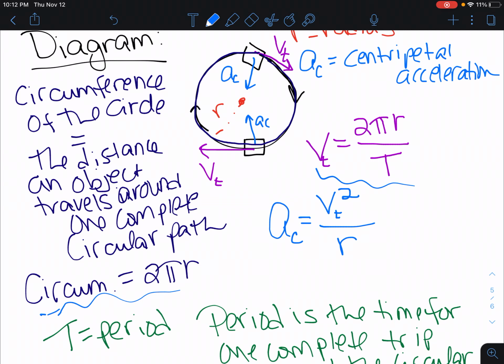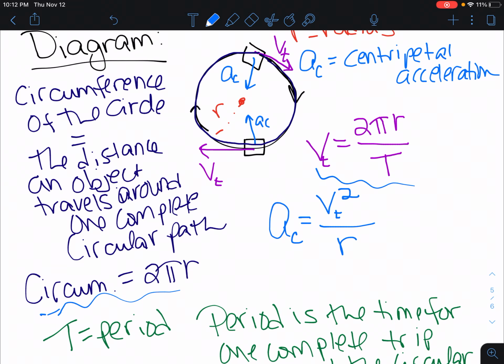Okay, so I feel like we threw a lot at you here. For your practice problems today, we're just going to do some review on tangential velocity and centripetal acceleration. And then you're going to do some questions over which force is providing what's called the centripetal force. We don't really call it that.